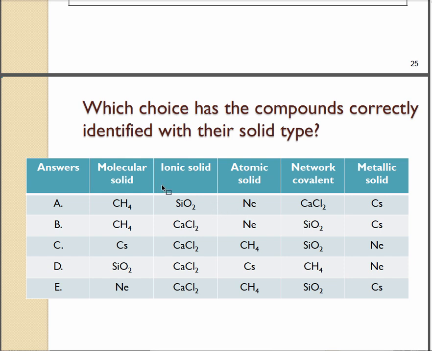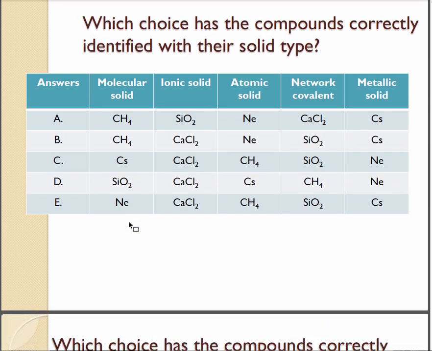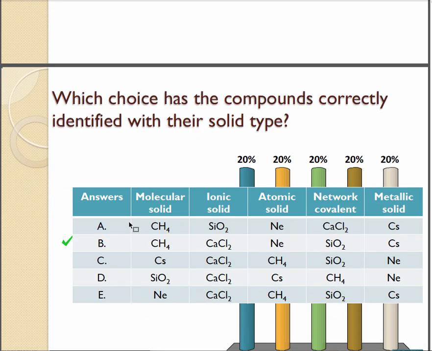There also aren't very many covalent network solids, only diamonds and graphite and sand. Is cesium a metal? Yes. Is calcium chloride an ionic substance? Yes. Is CH4 methane, if you could freeze it into a solid, a molecular solid? Yes. Choice B.